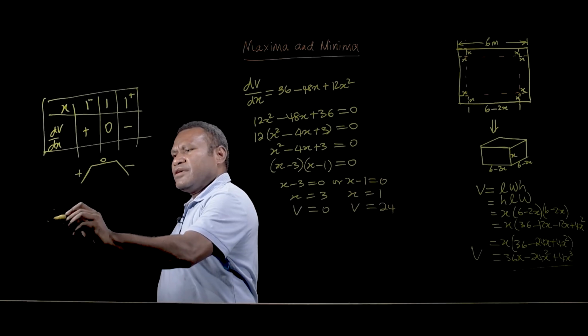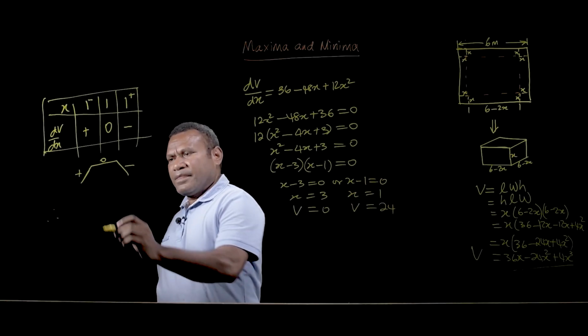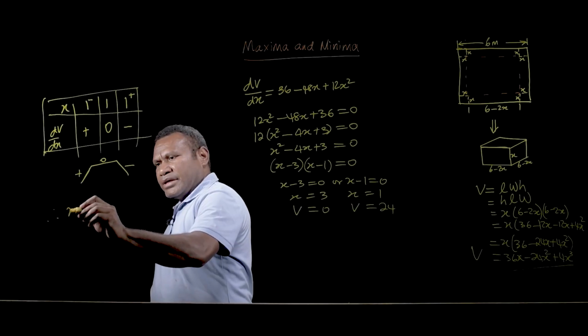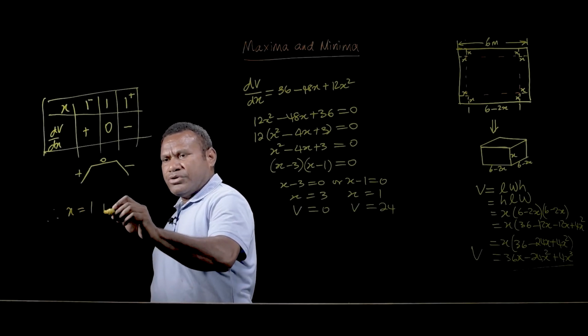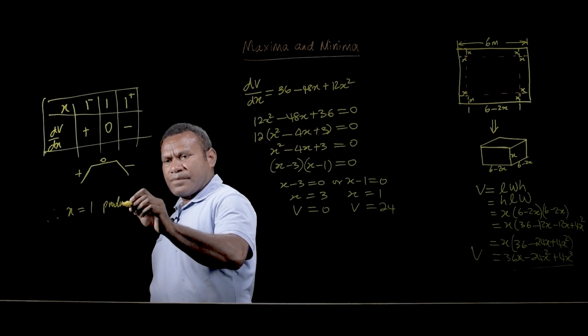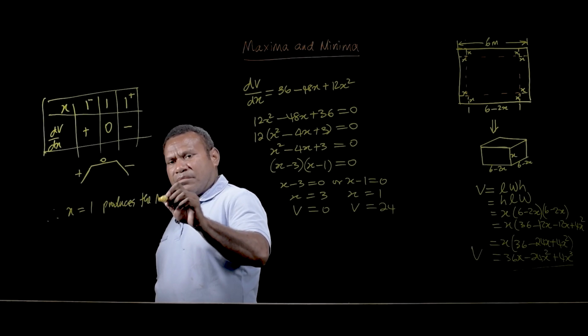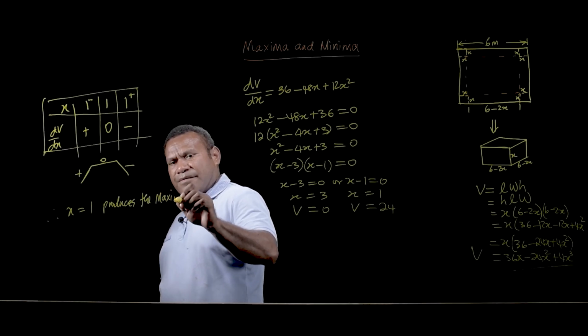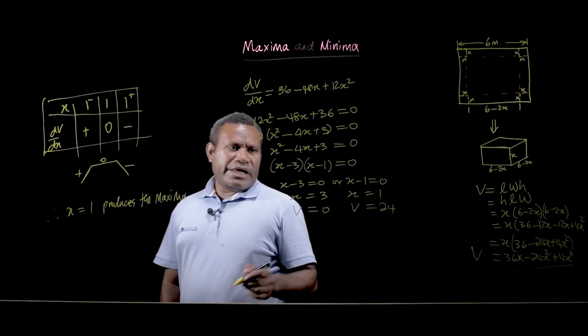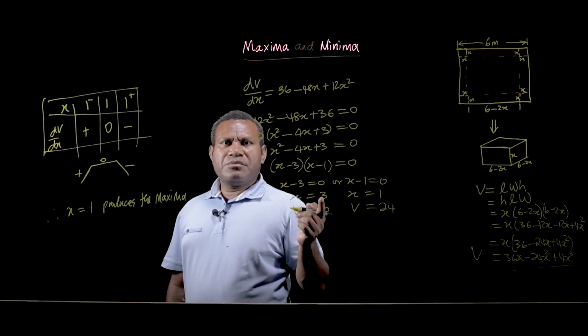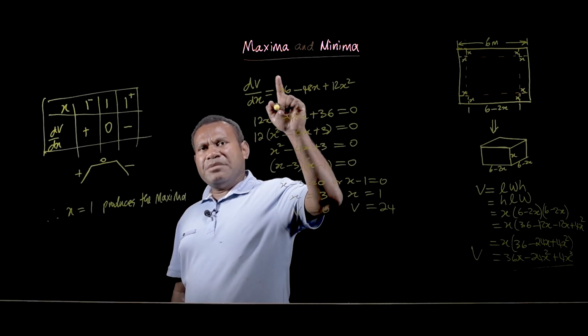Therefore, we can say x equals 1 produces the maxima, while x equals 3 produces the minima.